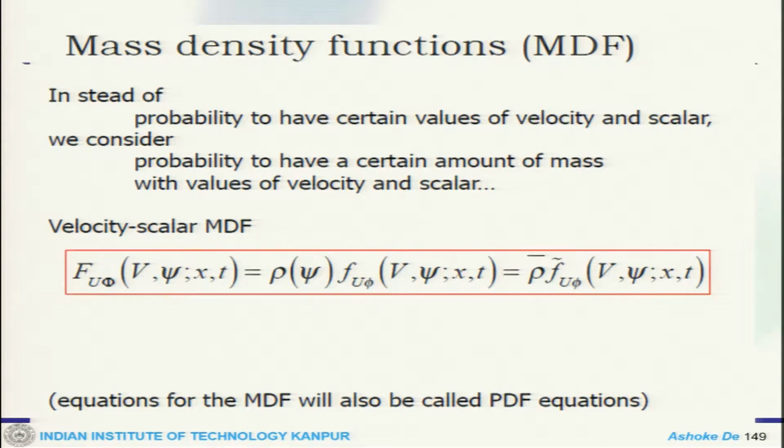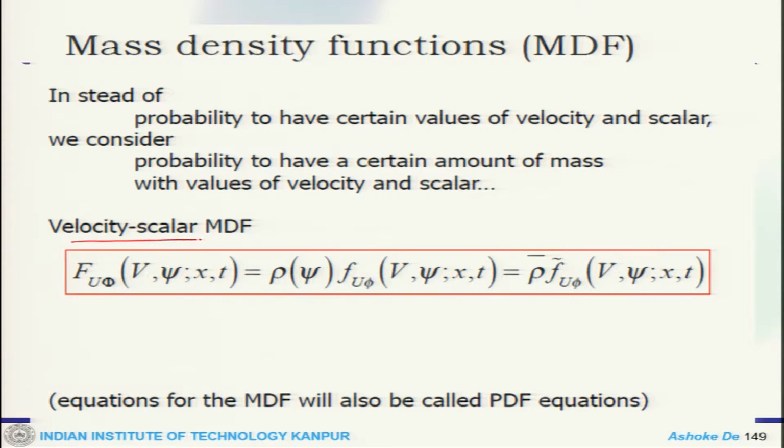Now, we can also define the mass density function, where instead of the probability of having certain values of velocity and scalar, we now consider the probability of having certain mass with those values.